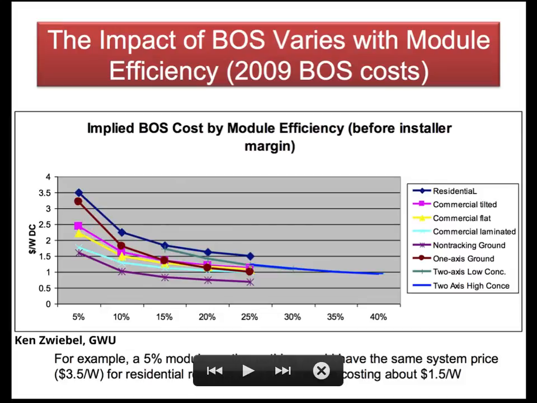So what does that mean? That means that if the efficiency is too low, even if the manufacturers do not take any profit from that, the system cost is still the same as a module which has 15% efficiency.